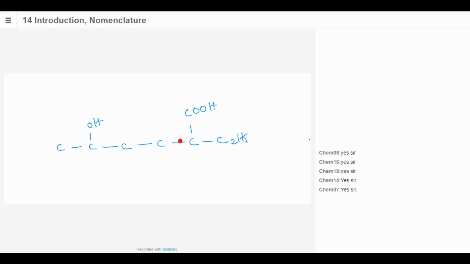Copy this slowly and let me just complete it. This is a molecule.